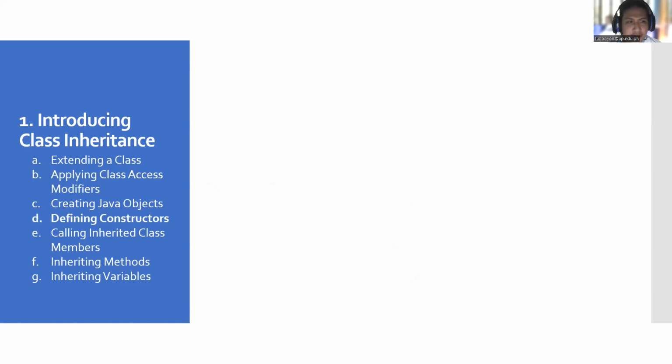Okay. Defining your constructors. We've been defining constructors since I guess lab 2 or lecture 2, but there are actually more rules to your constructors, no, that we have not yet discussed. So we'll be discussing this in detail now. So there are actually rules, as I've said.